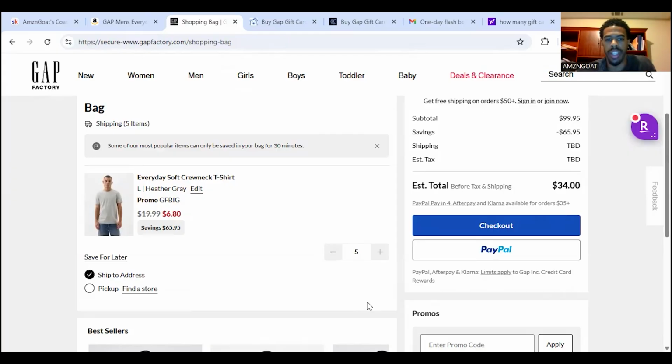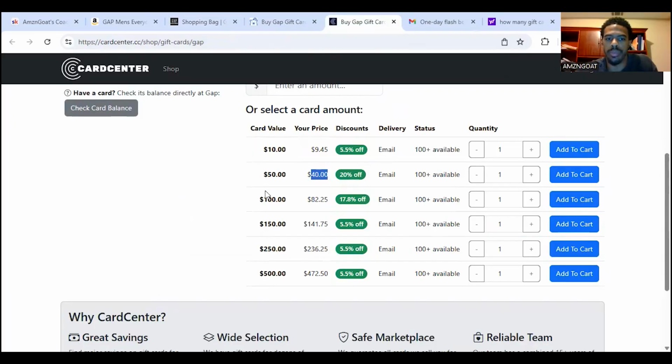So again, depending on whatever you're getting, you want to get it as close to a $50 interval as possible, because you have $50 gift cards. If you get the checkout total as close to 100, that's cool. If you get it as close to 150, 200, or 250, that way you're using up as much of the gift card as possible.